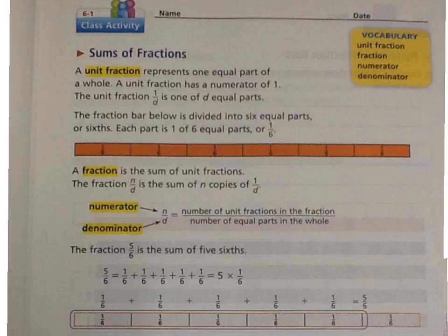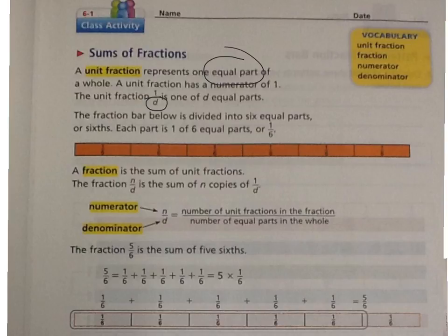A unit fraction represents one equal part of a whole. A unit fraction has a numerator of 1. The unit fraction, 1 over d, is one of d equal parts, meaning d, the denominator, will equal the number of equal parts that the whole is broken into.